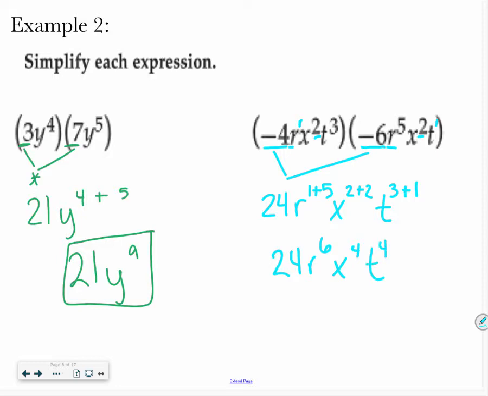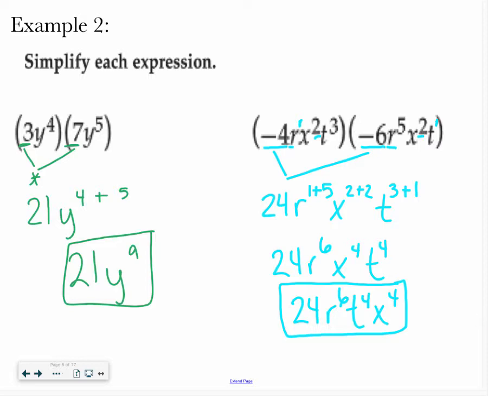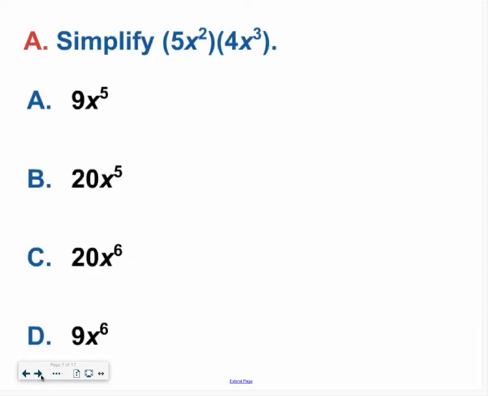One habit I want you guys to get into is alphabetizing your variables. So 24, r comes first, t comes second, and x comes third. And that would be your answer. Okay? Whenever possible, alphabetize your variables. Go ahead and simplify this next example.